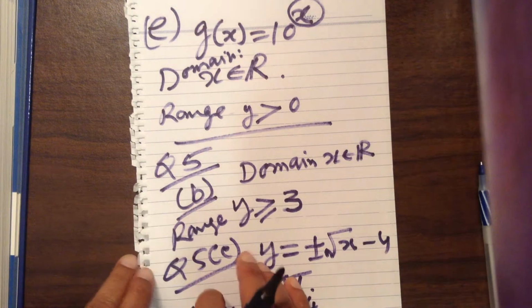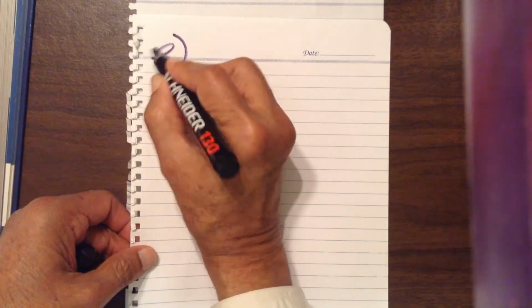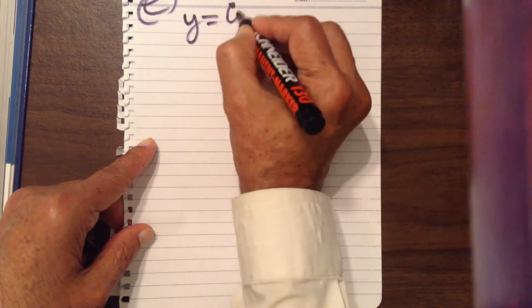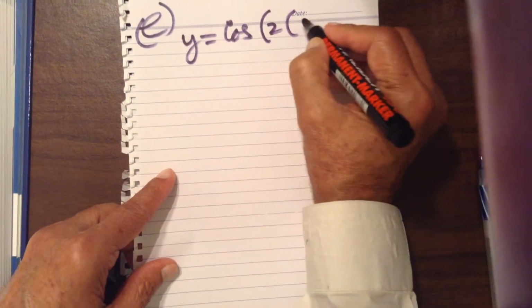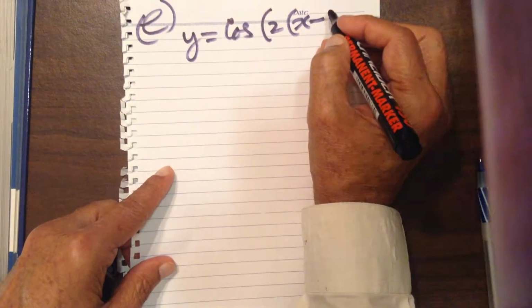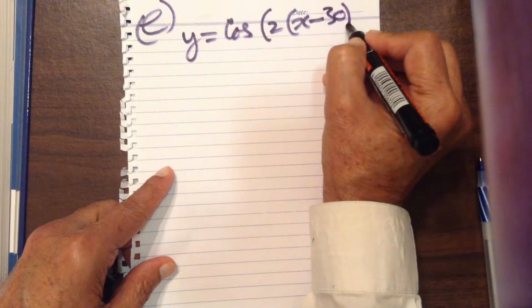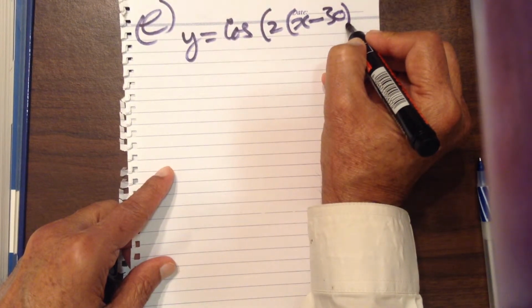Let us move on to E. y is equal to cos of 2 times (x minus 30) plus 1.